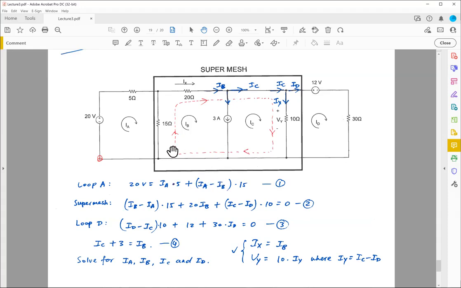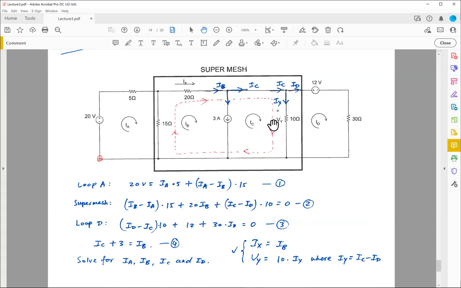Okay. So again, starting from here again, I have IB minus IA times 15 plus 20 times IB, voltage drop, plus, skip this one, but I go all the way to the right. I go down.